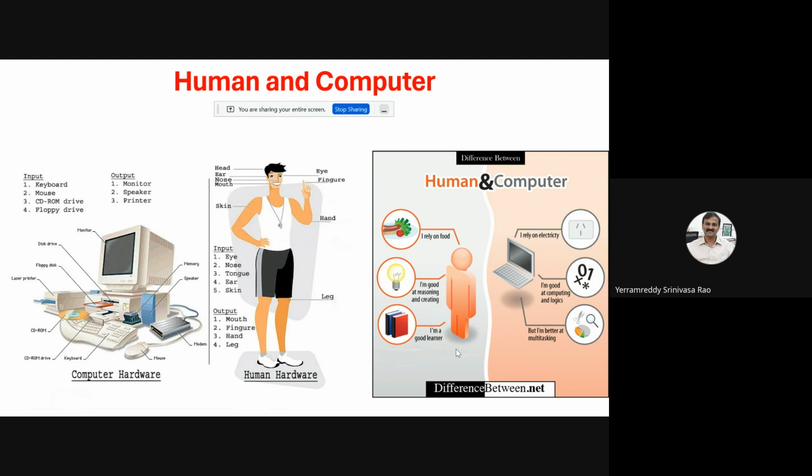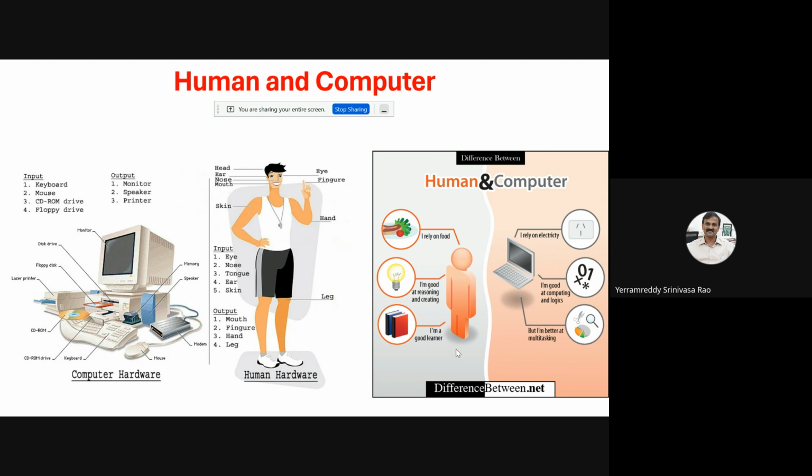If the inputs like eye, nose, tongue, ear, skin have any problem, if any one of the inputs is not functioning, then we call it a disability, learning disability, because the person is not getting the data. So in short, what we call sensors.